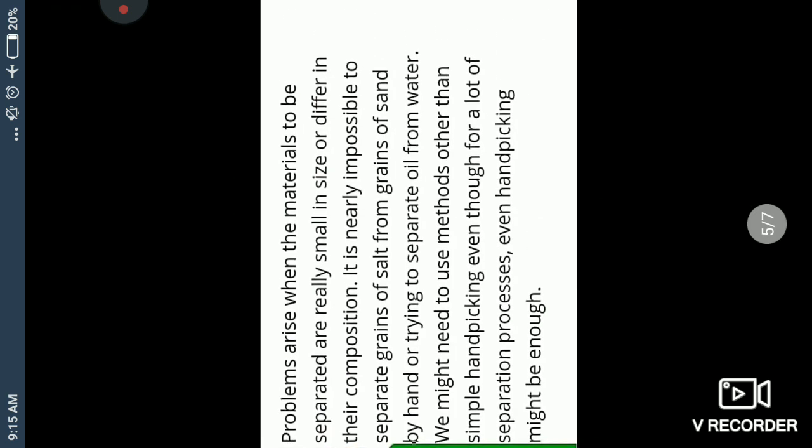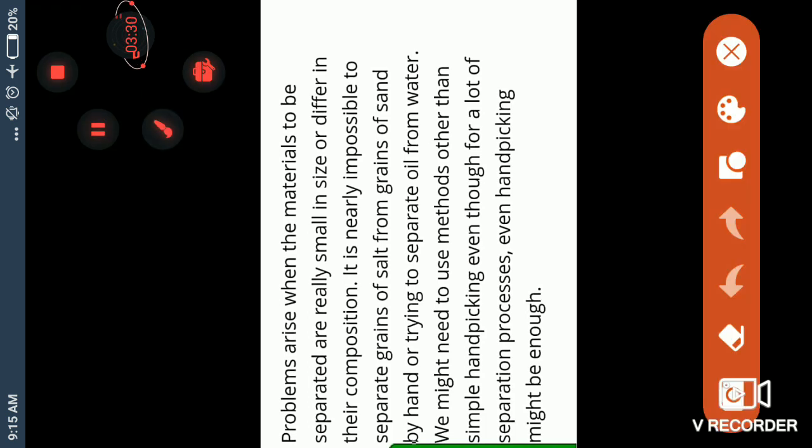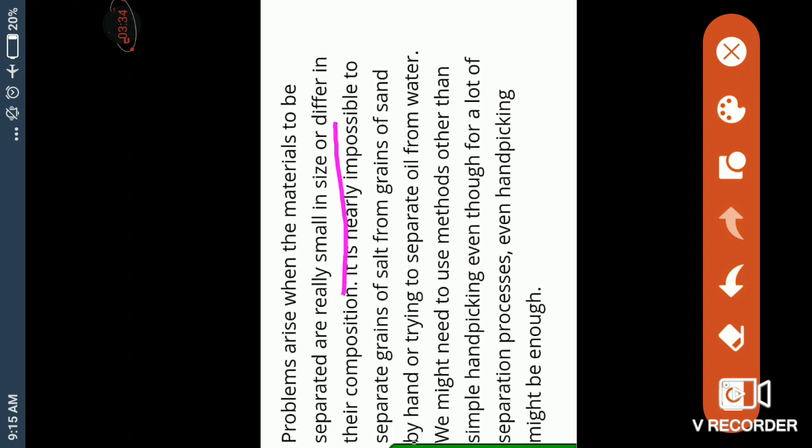A problem arises when the materials to be separated are really small in size and differ in their composition. It is nearly impossible to separate grains of salt from grains of sand.